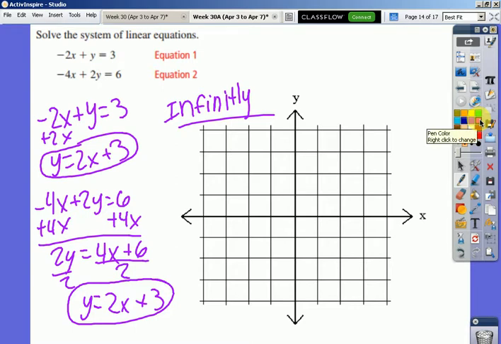You don't have to do that. You can just take what you have and divide it by what? What would you divide it by? 2. Yeah, you'll get the same thing. So you get negative 2x plus y.